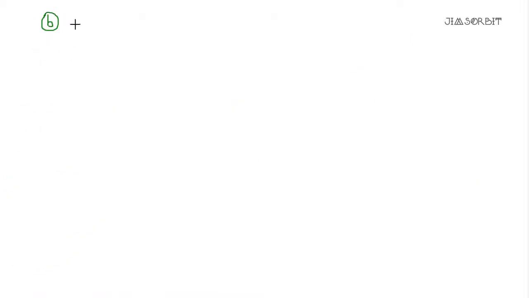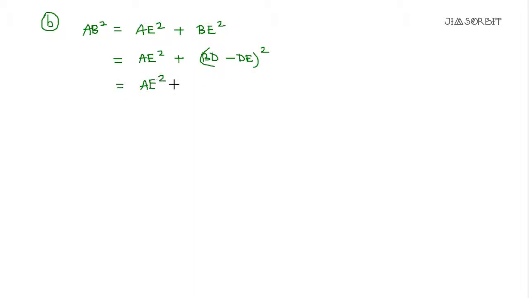So we have got AB square is equal to AE square plus BE square. Now we know that for BE we are going to write BD minus DE whole square. Very easy question. It is quite easy. Okay. So don't worry. It is AE square plus BD square plus DE square minus 2BD into DE.